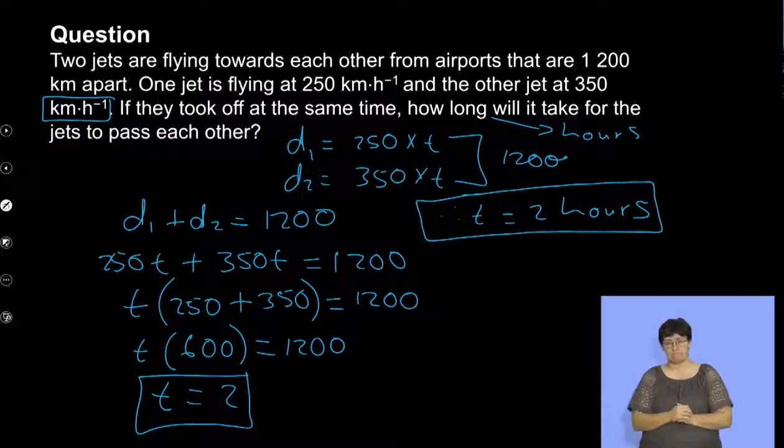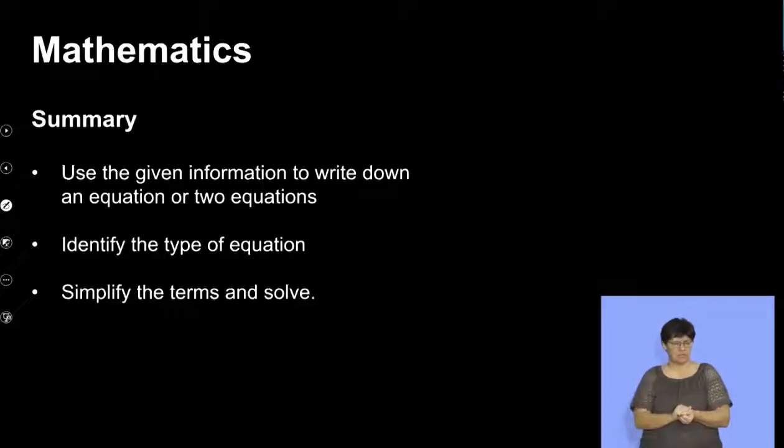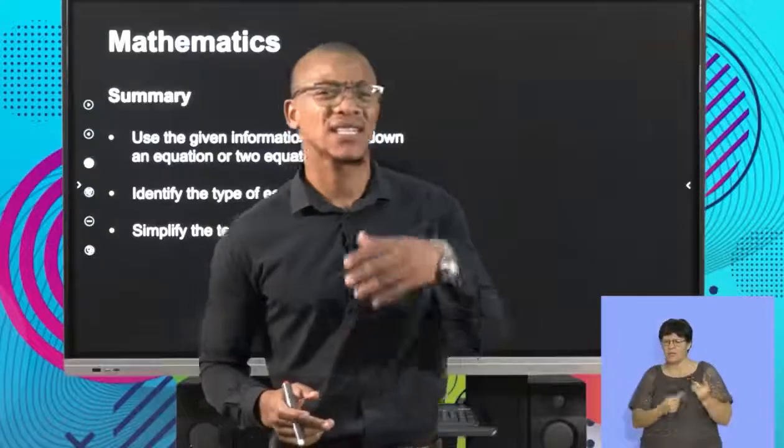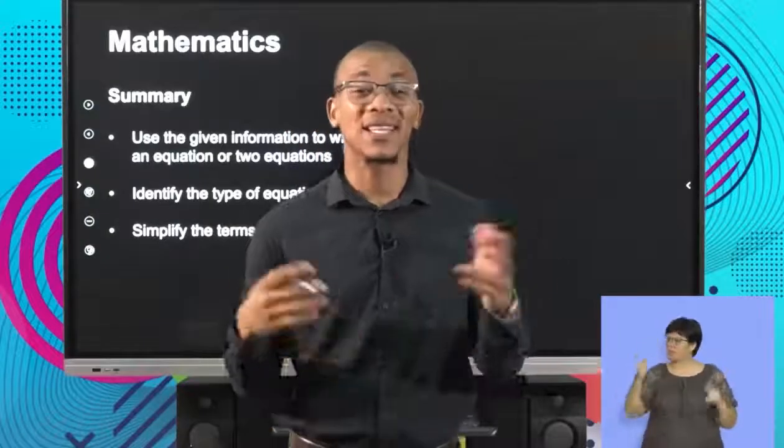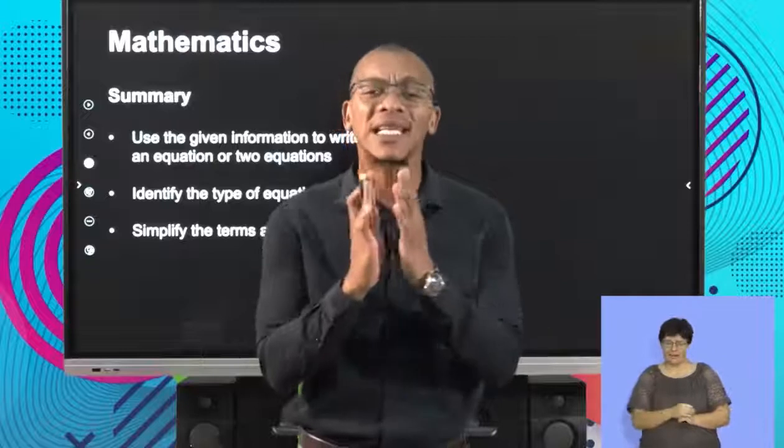Now, guys, to quickly summarize everything that we've looked at thus far, always make sure that you use the given information to write down the equation or the two equations. I normally see people ignoring some things that we give them in the statement and they think they are not important. Please understand me.